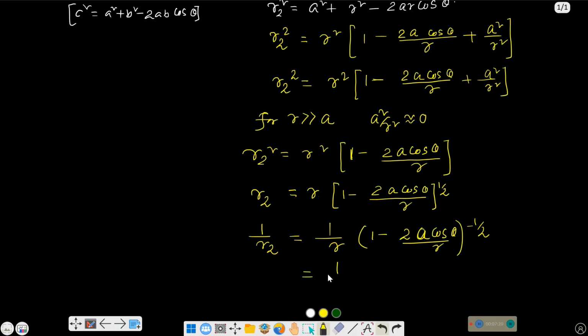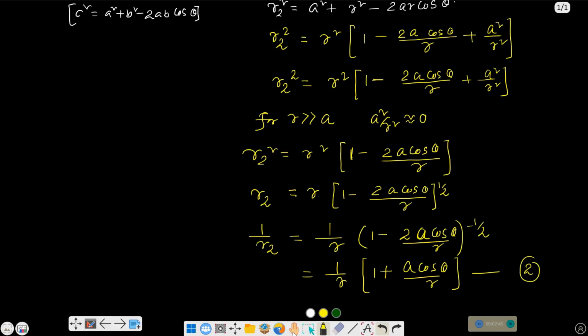Using the binomial expansion up to the first term, we get 1 by r times 1 plus a cos theta by r. Okay, so let me take it as equation number 2.